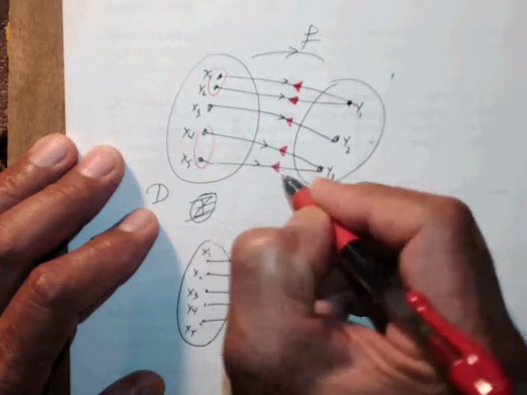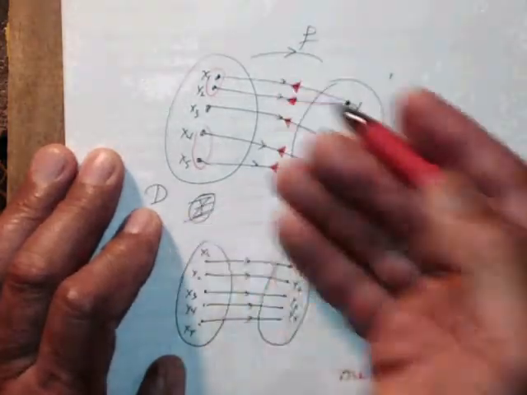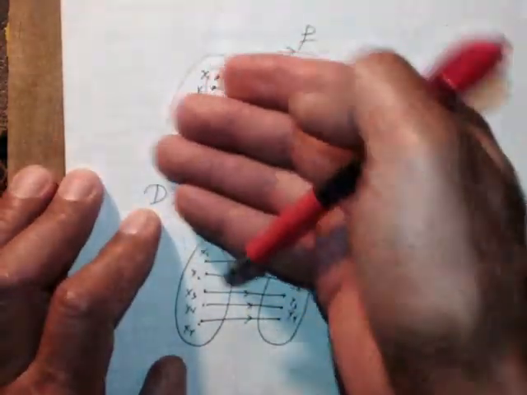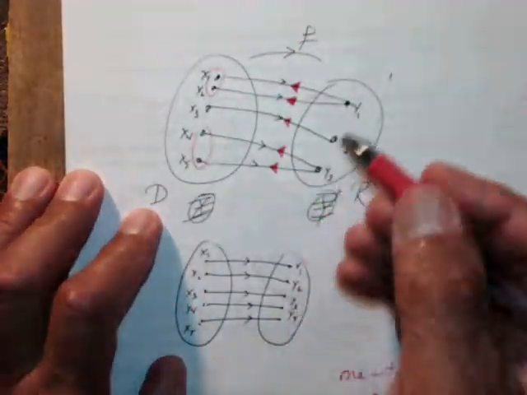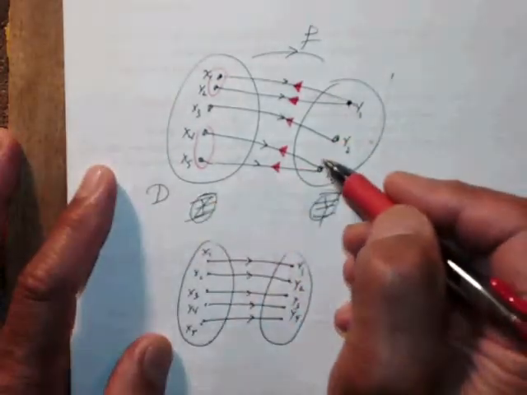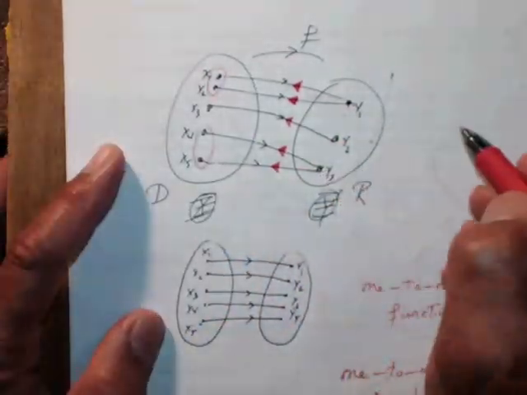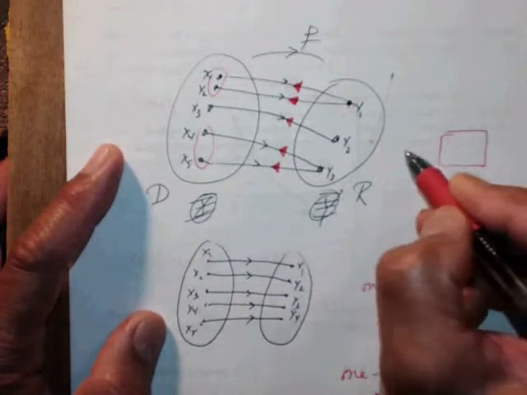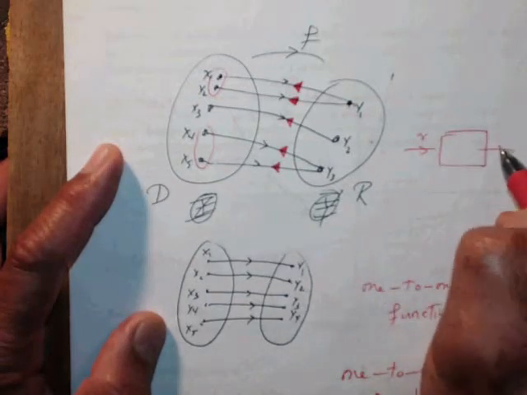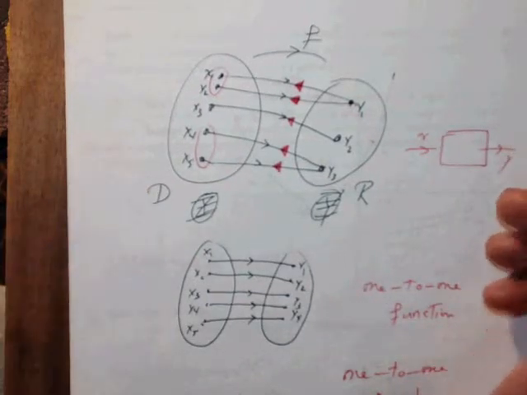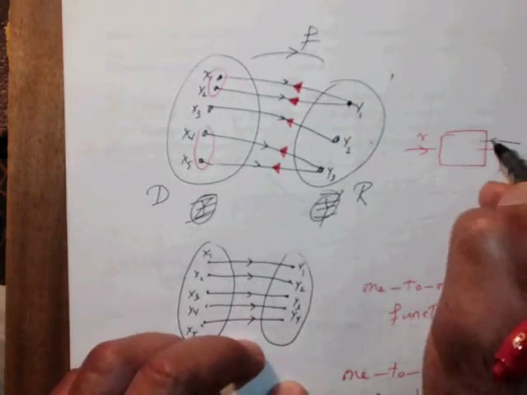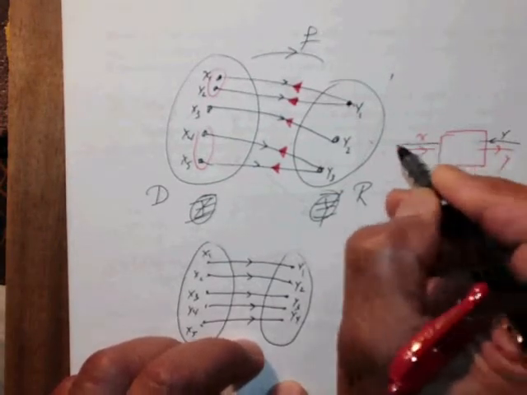So this is the reverse operation. I'm going this way instead of going that way. So these are the input and these are the output, just like a machine. You put x in there and y comes out. Now I want to do the backward. I want to put y in there and see what x comes out.